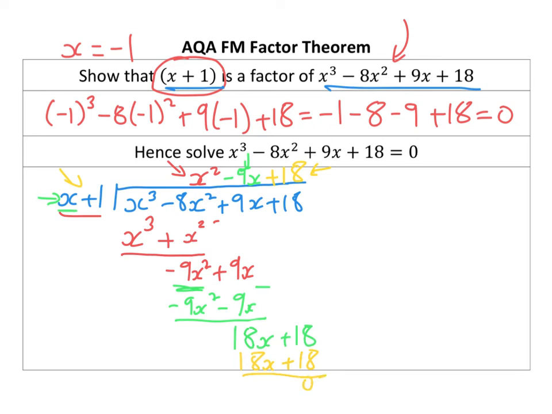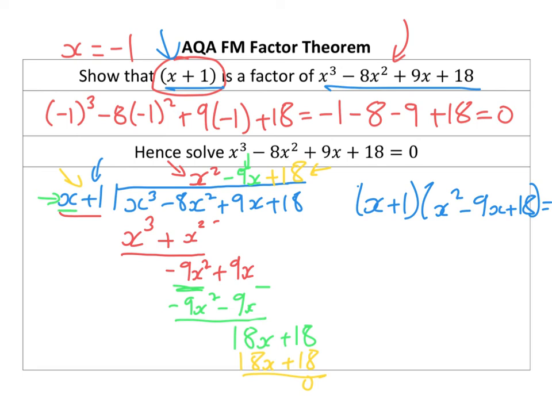Hooray! So now what I have, and I'm going to go back to blue, is this x plus 1, which we knew from the start, and I have x squared minus 9x plus 18, and that should equal 0, but I've run out of room.